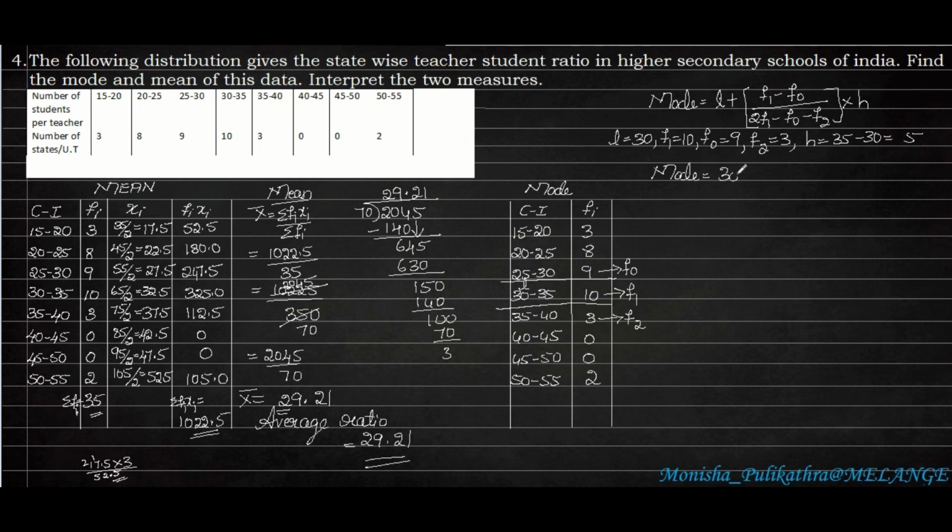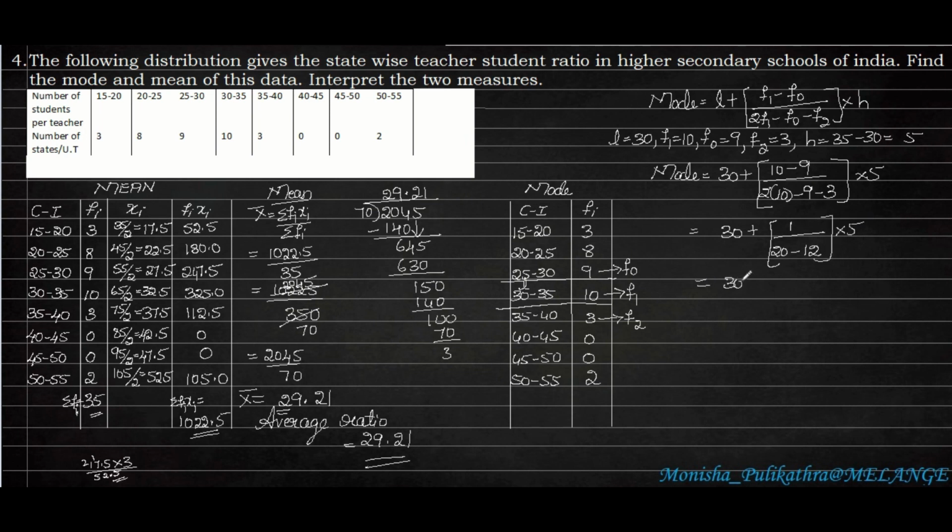So lower limit L is 30 plus 10 minus 9 whole divided by 2 into 10 minus 9 minus 3, into H, which is 5. So it will become 30 plus, here 10 minus 9 is 1, divided by 2 into 10 is 20, minus 9, if like signs come, we need to add it. So it will become 12, into 5.